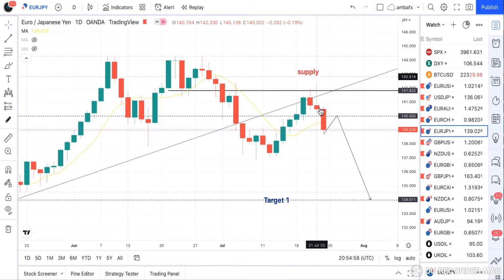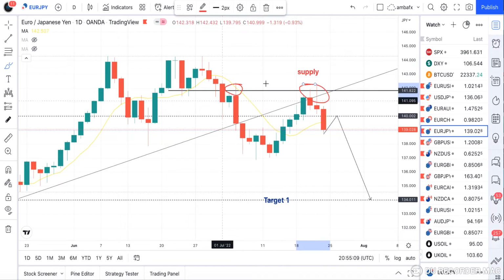We see a very long rejection candle from this area and from this area, which tells us that this is an area of supply and a very strong resistance area.